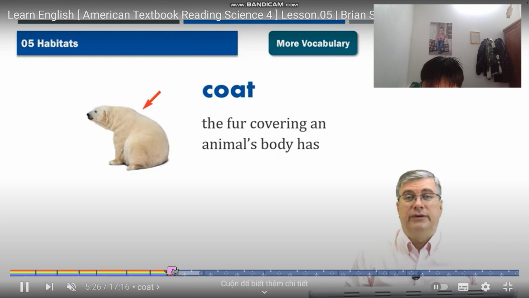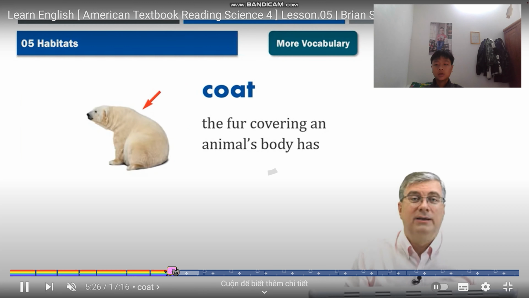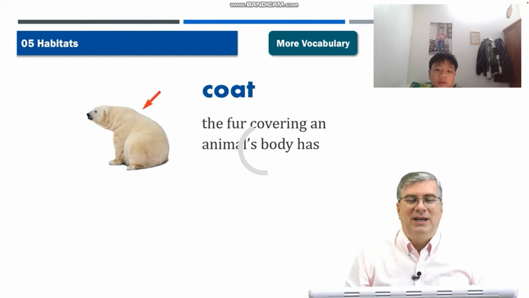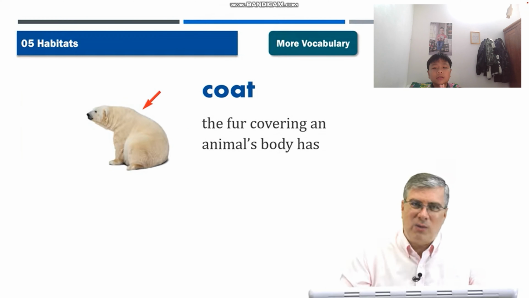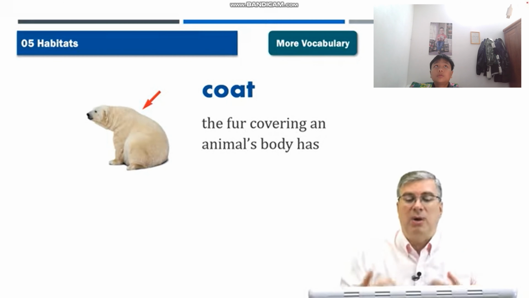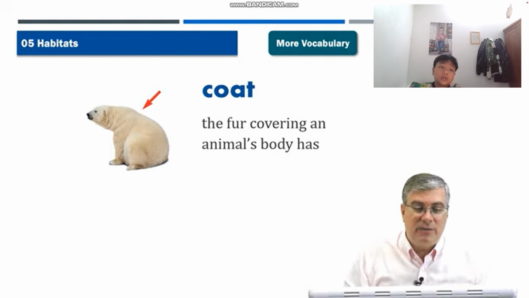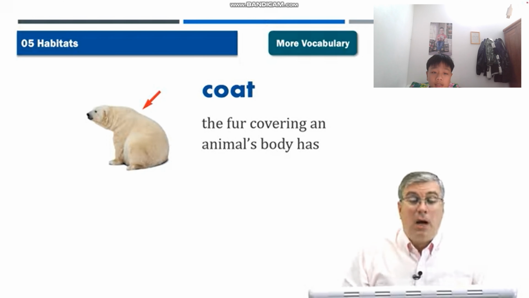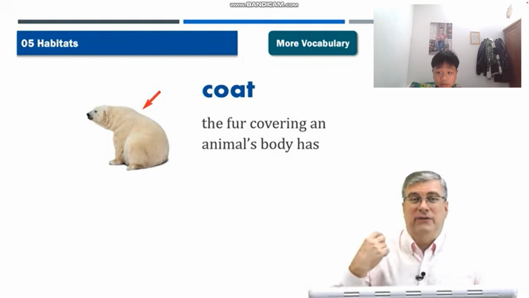Okay, now we are talking about coat. Coat is the fur covering an animal's body. Understand that the coat, the fur, is just like our jackets, our coats. The animals also have their own coat or jacket. It may be very pretty fur, very white fur, thin or long fur, lots of fur like that, and they cannot change it. That is the difference.